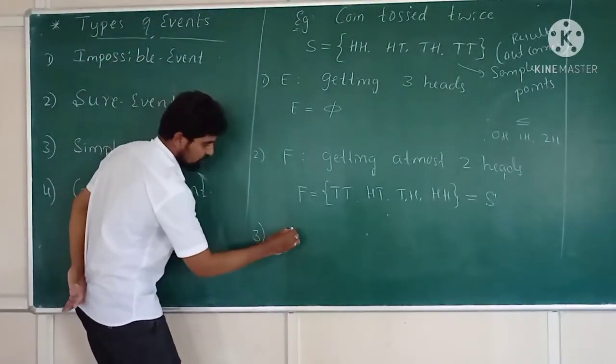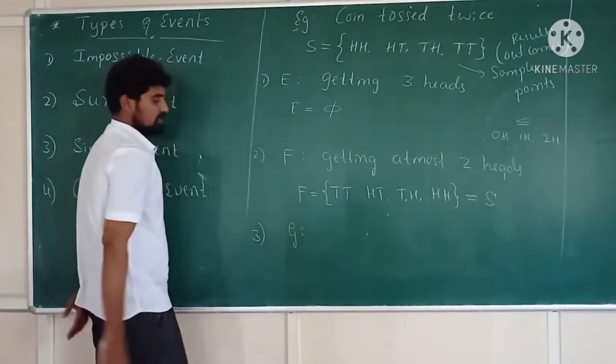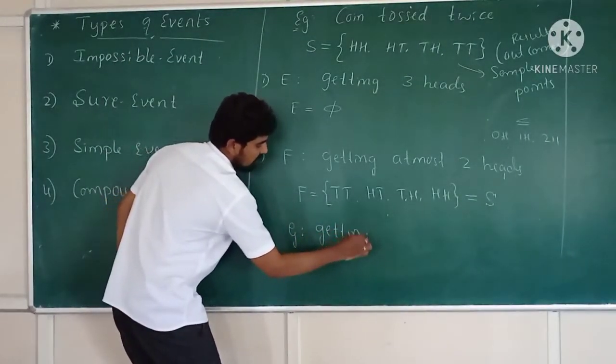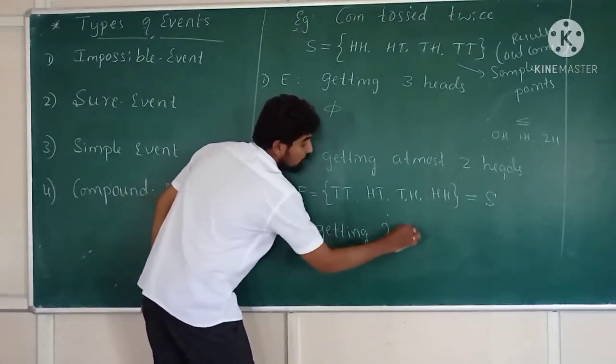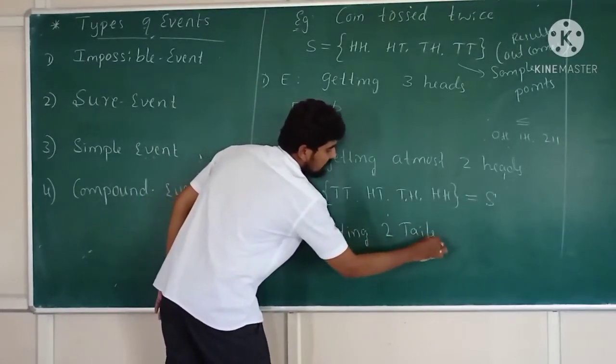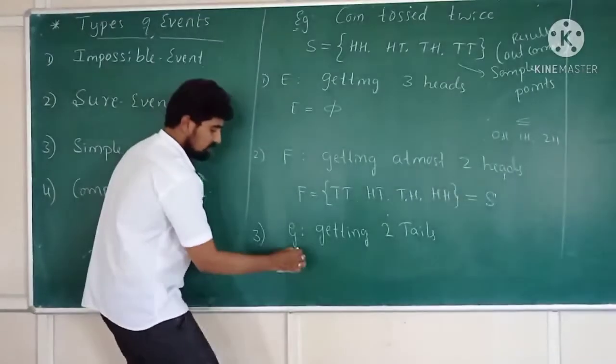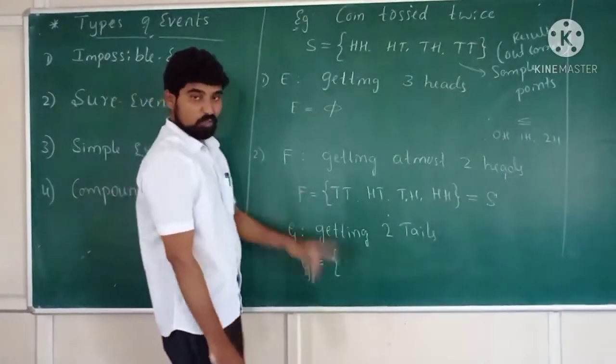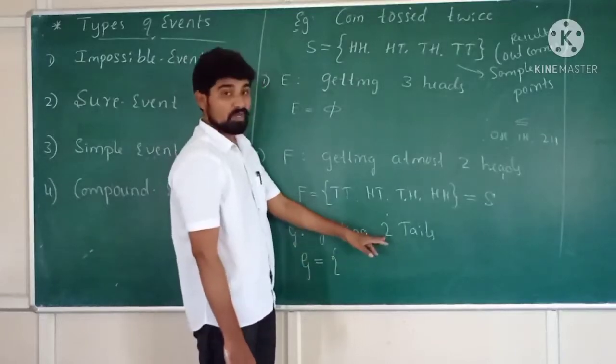Let us consider one more event, that is G. So G is nothing but getting 2 tails. So hence the event G consists of those outcomes which contain only 2 tails.